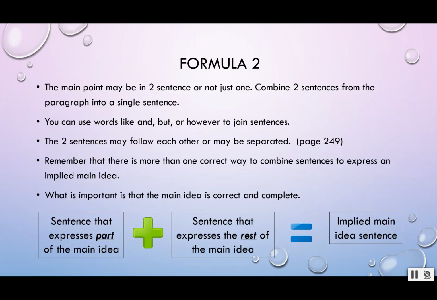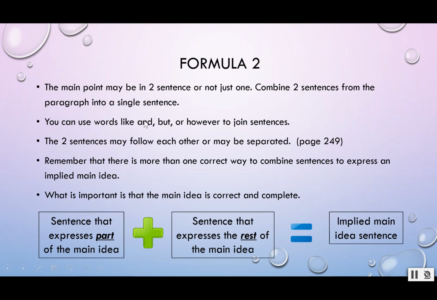Formula number 2. Here you have the main point maybe in 2 sentences or just not 1 sentence. So your job then is to combine the sentences from the paragraph into 1 sentence. That'll be a good implied main idea sentence. And there's certain words that we can use to join the 2 sentences together.